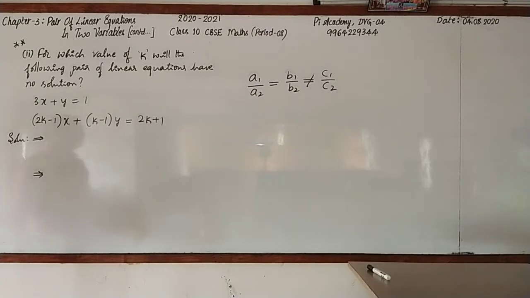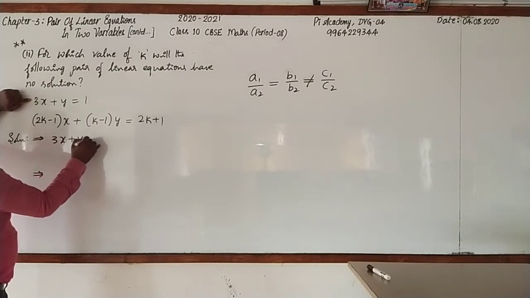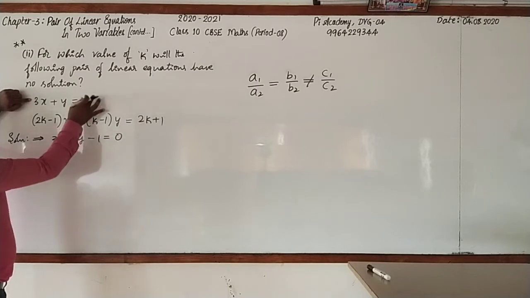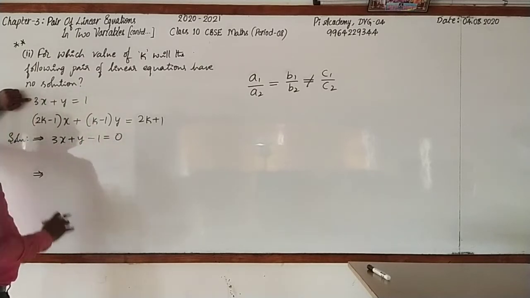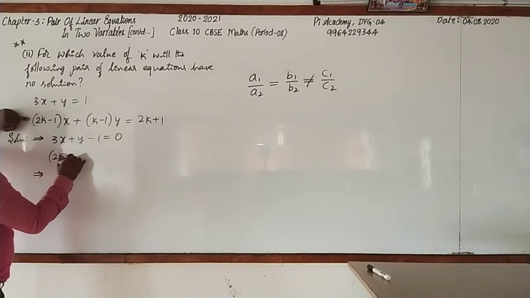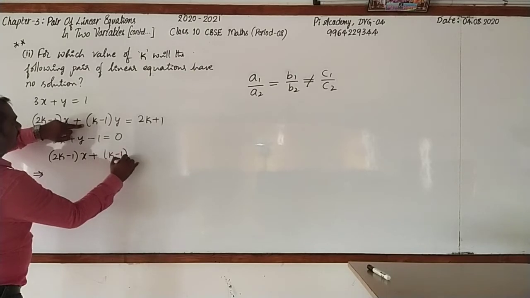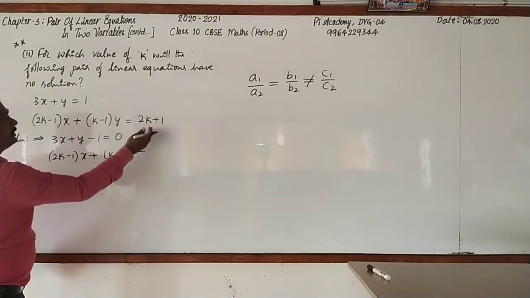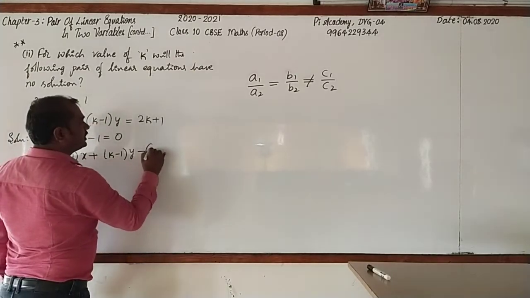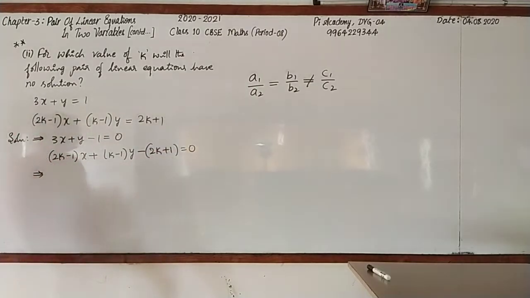Now let us go for finding the value of k. First we have to write the given equations in standard form. It is 3x plus y minus 1 equal to 0, because we have transferred 1 to the left hand side. Next 2k minus 1 into x plus k minus 1 into y, then transfer this, minus of 2k plus 1 which is equal to 0.